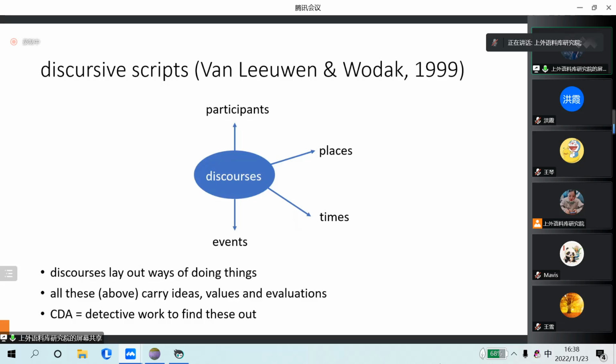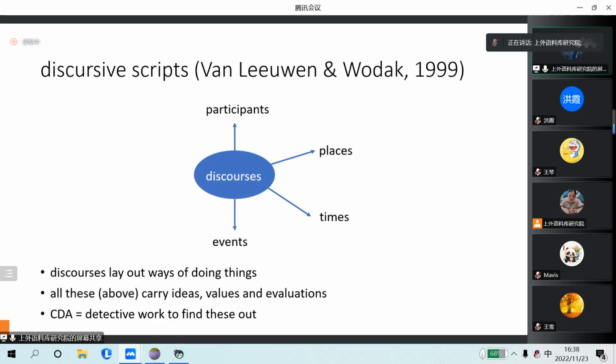Now, the kind of CDA that I do uses the notion of discursive scripts. Discourses lay out ways of doing things which involve participants, events, places, times, and they then carry ideas, values, and evaluations.